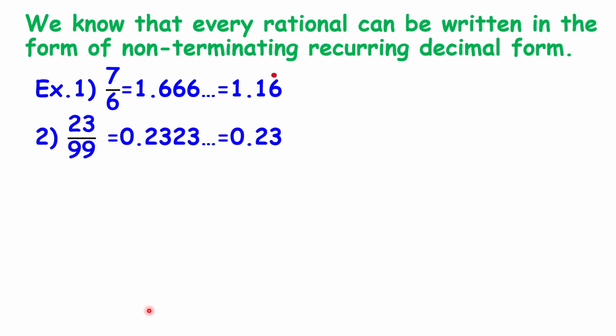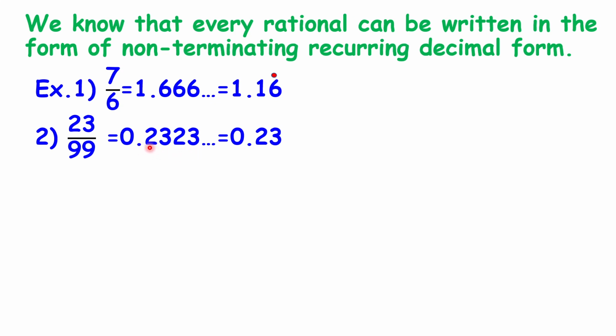In the second example, 23/99, the answer comes 0.2323. Here also the division is not completed and does not end; the remainder is not 0.